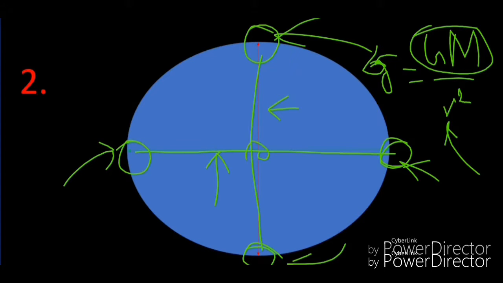So if this is the center of the earth, you understand that the distance from this region to the center of earth is less than the distance from this region to the center of earth. And this is a big problem, and that's why when you are here, your weight will be greater, and when you are here, your weight will be lesser.